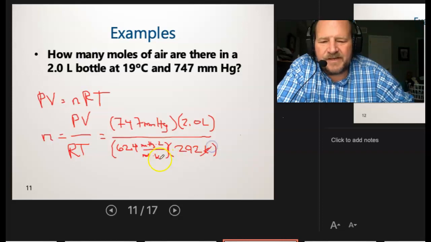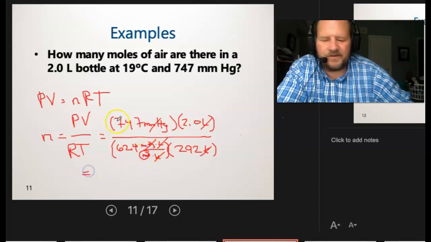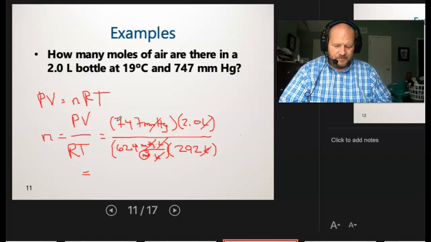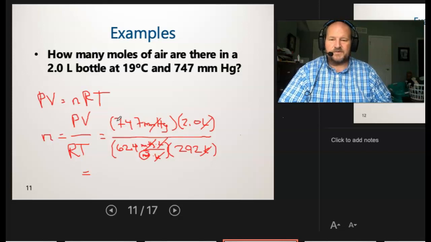Now we can see Kelvin's going to cancel out. Liters is going to cancel out. Millimeters of mercury is going to cancel out. We'll be left with moles. So that means we're on the right track. Get our handy dandy calculator out here. We've got 747 times 2 divided by 62.4 divided by 292.